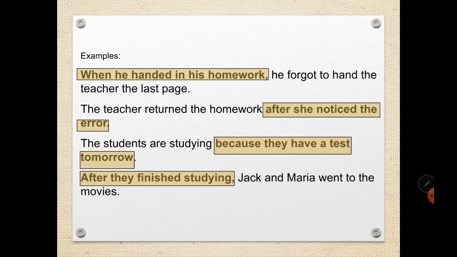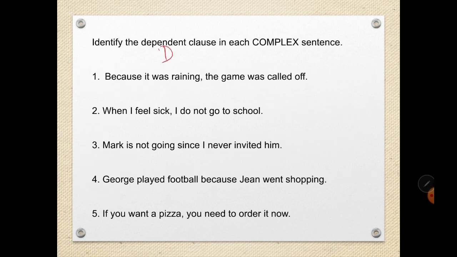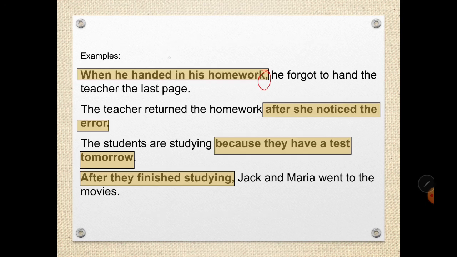He handed in his homework is the dependent clause. You need to have a comma because you are starting the sentence with a dependent clause, followed by an independent clause, forgot to hand the teacher the last page.